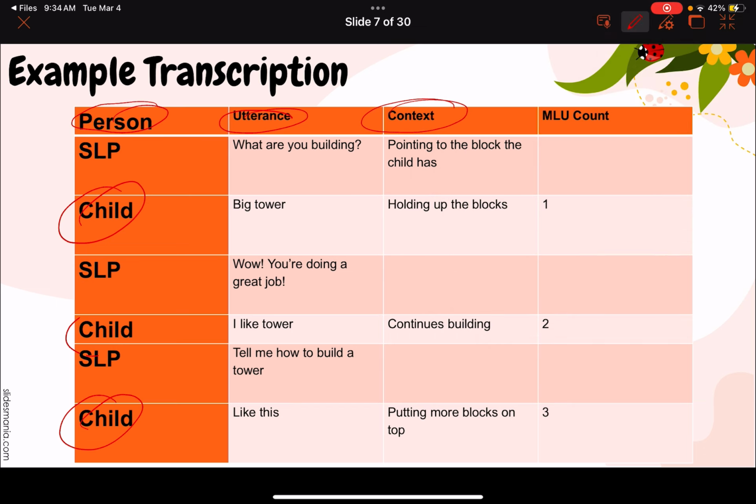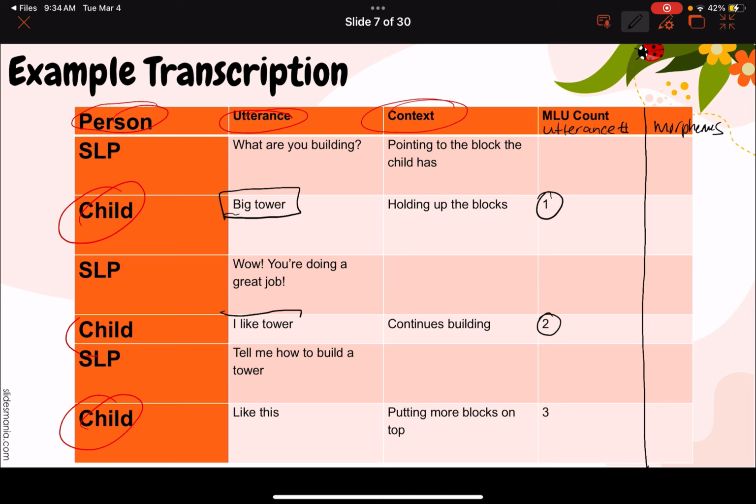And actually, let's use a black pen. Okay. So this is utterance count. Utterance numbers. Okay. We're going to draw another line here to do morphemes. Okay, so this is utterance number 1. So scratch what I just said. That's utterance number 1. This is utterance number 2.